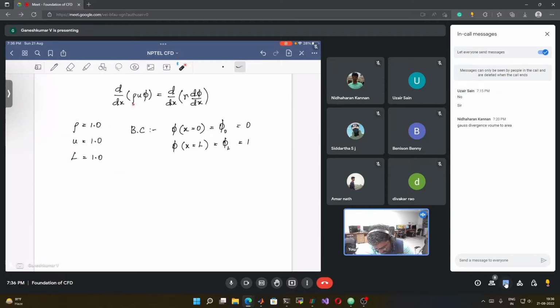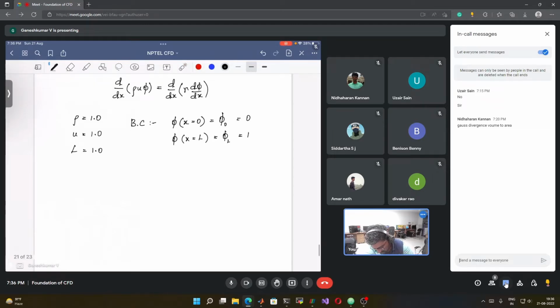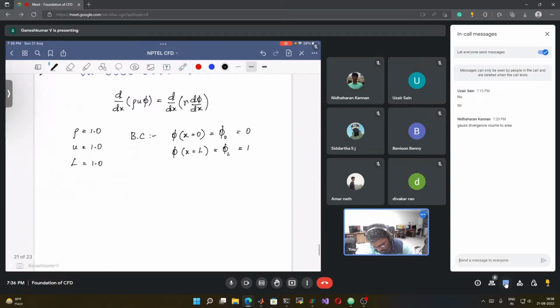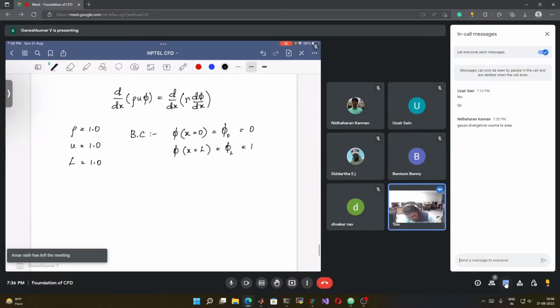So if you consider rho and u to be constant, you are going to have an analytical solution for this equation. So let's first derive that analytical solution. From there you will get to know the convection and diffusion dominance in a flow problem.